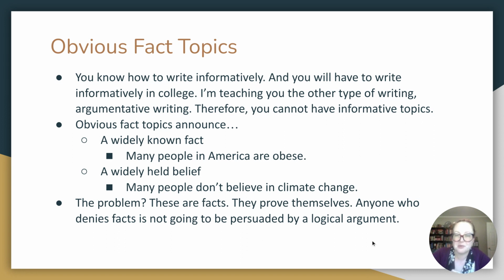So anyone who denies facts, anyone who says, like, many people in America aren't obese, they're not going to be persuaded by your logical argument, okay? Because you're going to use facts to persuade them, and they deny facts.